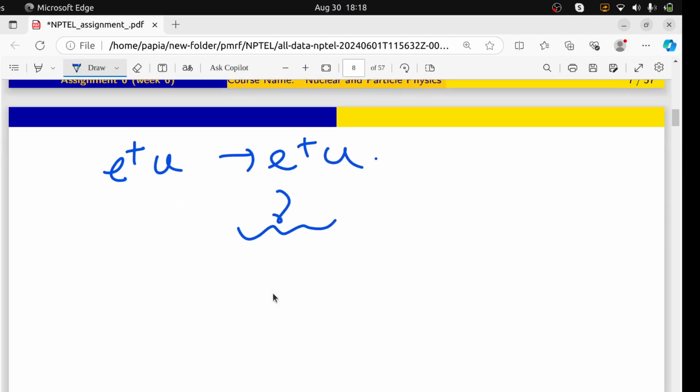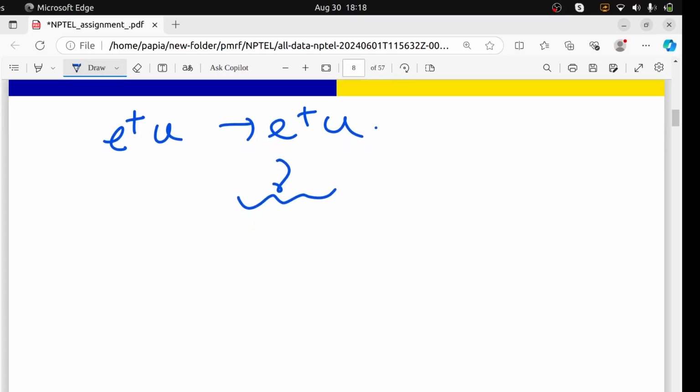So how do we check that? First of all, e+ u. One interaction will be like that: e+, then u. I'm just writing right now, and after that I will tell how I can write.